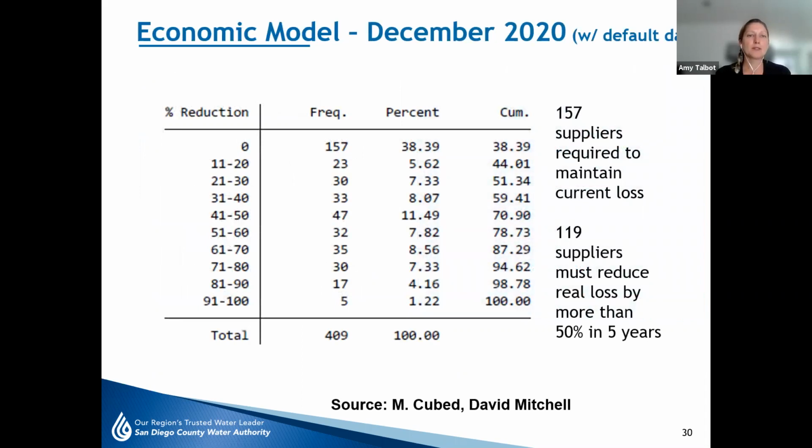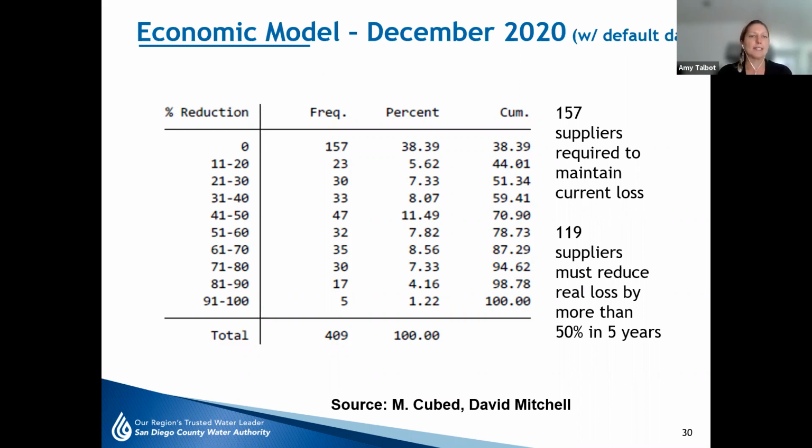So what we have here is basically a graph, or a table, actually, of what the targets look like. We put all of the publicly available audit data for the 400 plus suppliers and ran the default values. Remember, you can change those, but the state's just calculating these targets based on default values now. What do those targets look like? You can see here the percent reduction categories, the number of agencies in those categories, and what percent that represents of the total.